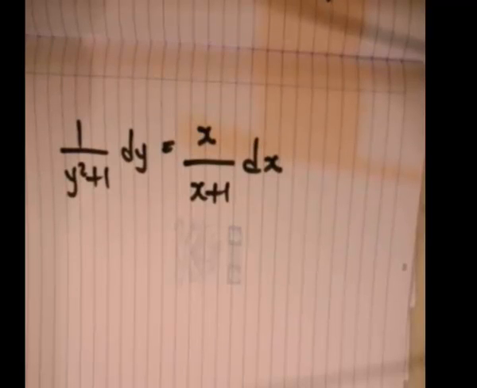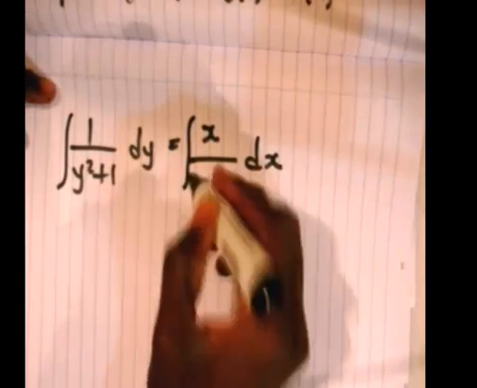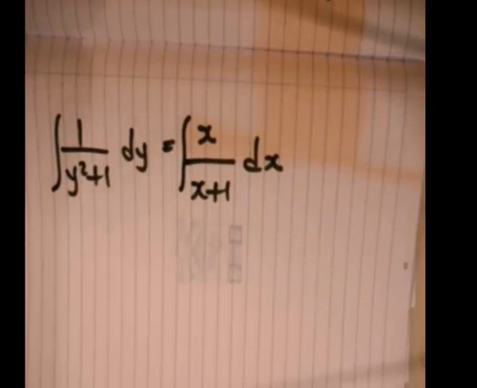This is just a simple simplification. I hope this is not difficult. So next, after separating the variables, getting them to meet the derivatives, you integrate both sides. If you have problem integrating this, check my tutorials on basic mathematics for tertiary institution students.